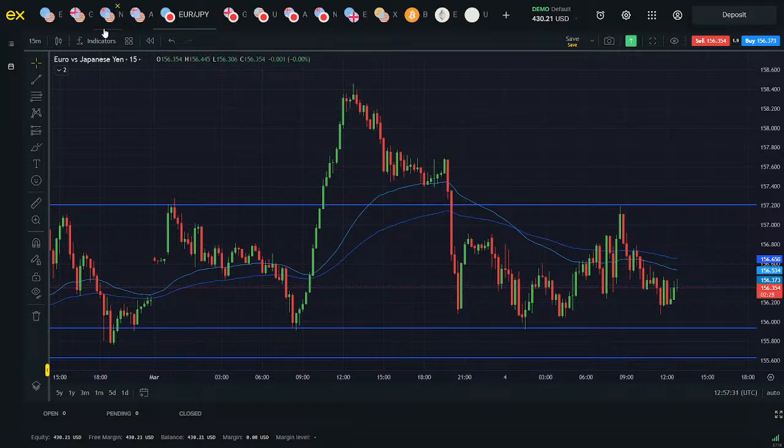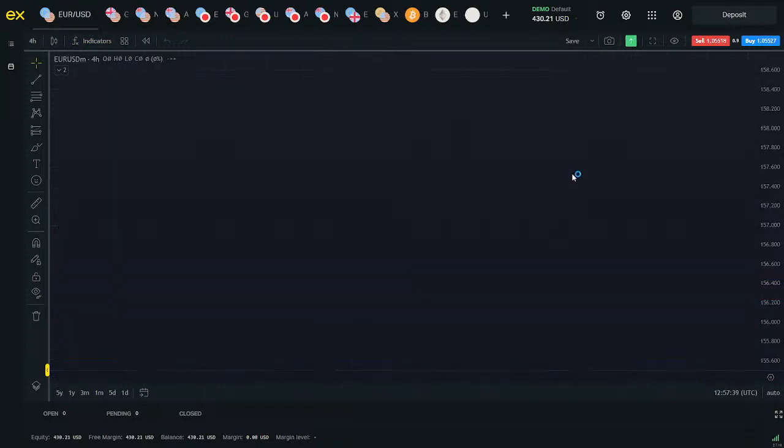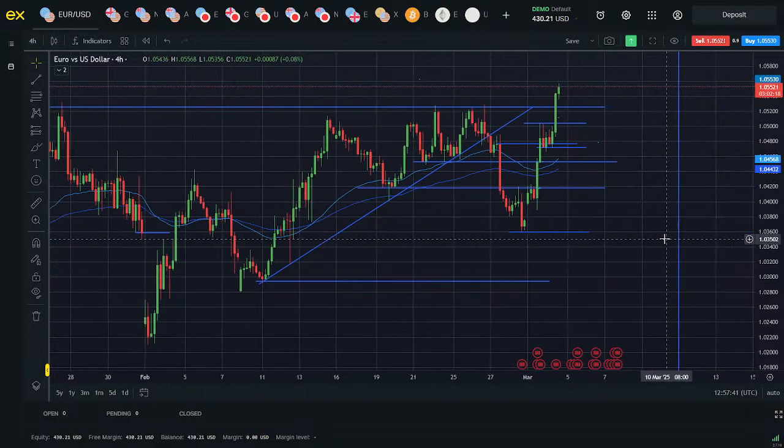Before that, let me tell you guys about how things are playing off. So here's EUR/USD.